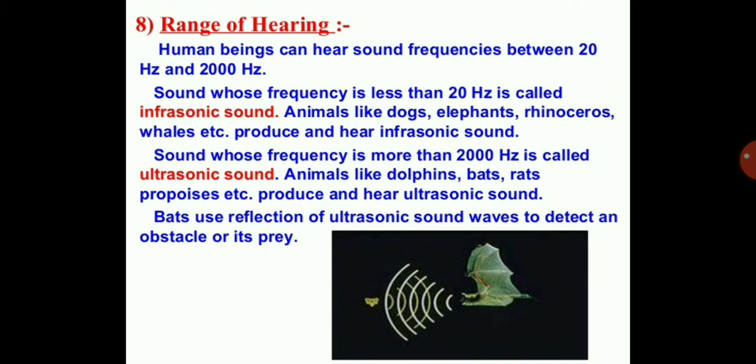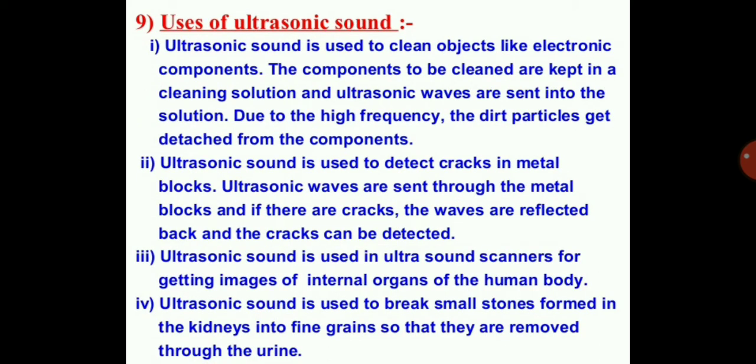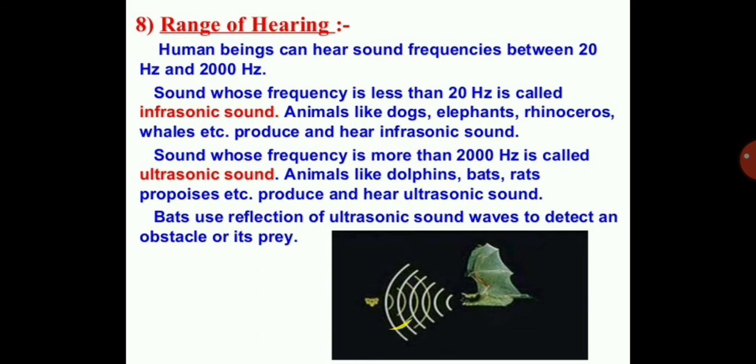Bats use the reflection of ultrasonic sound waves to detect an obstacle or its prey. That is, if a bat is moving over here, the bat produces the ultrasonic sound, then it strikes its prey, okay. See, it strikes its prey, and again the reflections are sent to the bat.